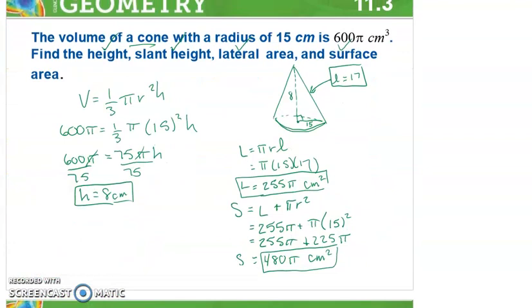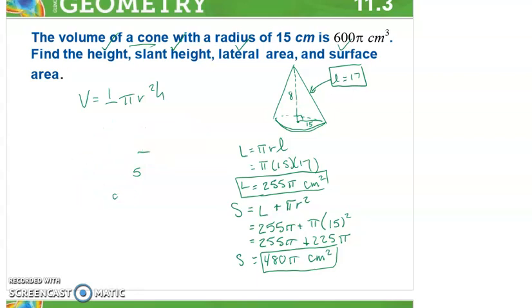All right, the last one, the volume of this cone. The volume of the cone is going to equal 1/3 pi r cubed. Sorry, gotta get rid of this stuff. So 1/3 pi r squared h.